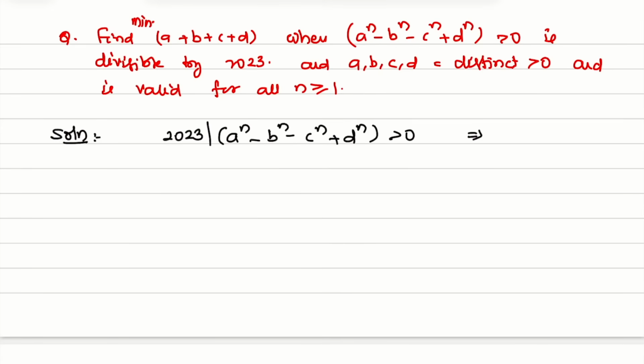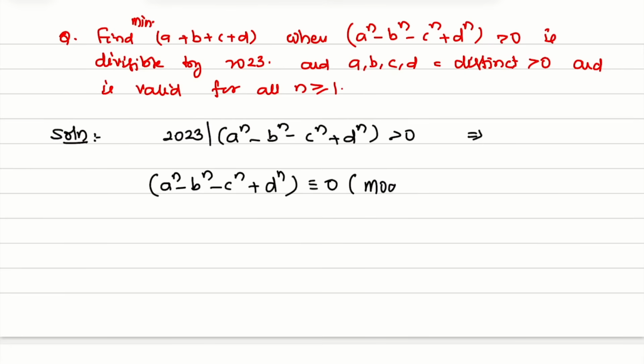This implies, when you write in the congruence modulo form, a to the power of n minus b to the power of n minus c to the power of n plus d to the power of n is equivalent to 0 mod 2023, because this is divisible by 2023, hence the remainder will be 0.